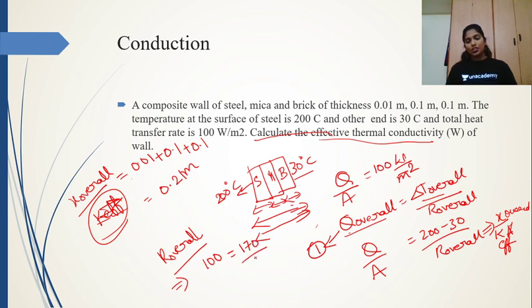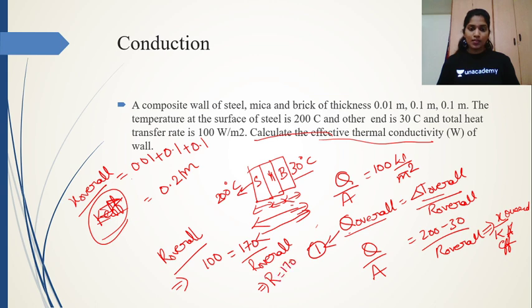As this is a temperature difference, we need not convert degree centigrade into Kelvin. So you can continue like this: R is equal to 170 by 100, right? So overall resistance is 1.7.